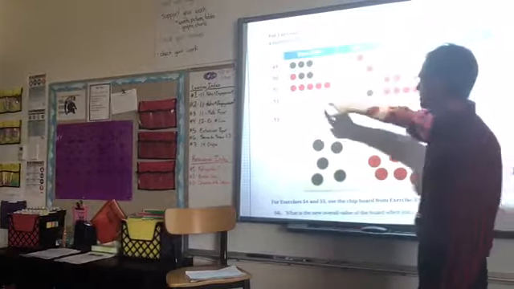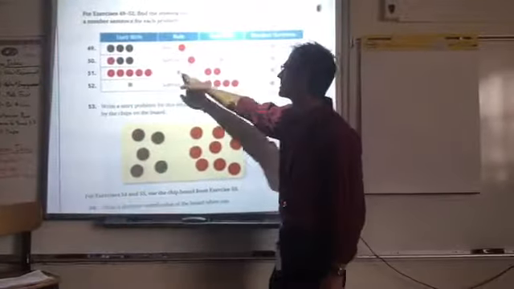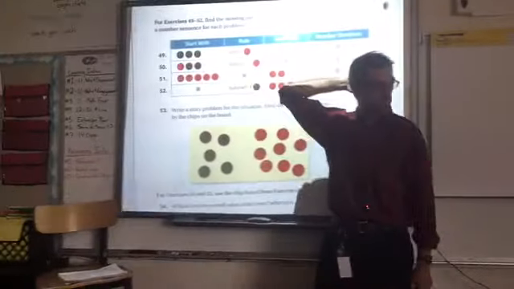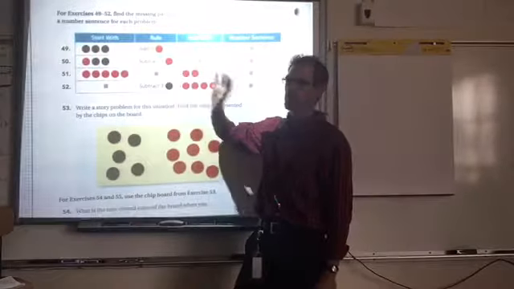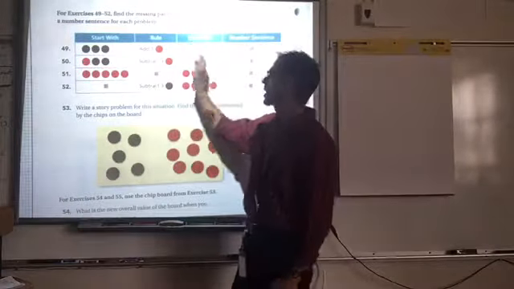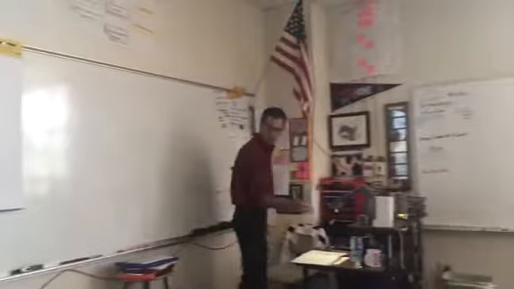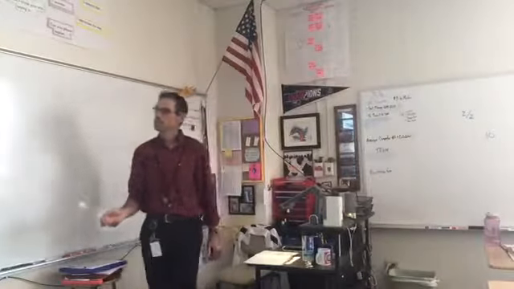You can see the missing parts. Write a number sentence for each problem. So copying down the chart would be just easy because then you have the missing parts as well as the number sentence.